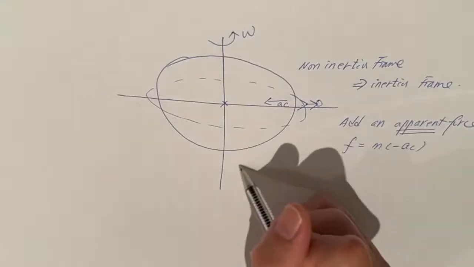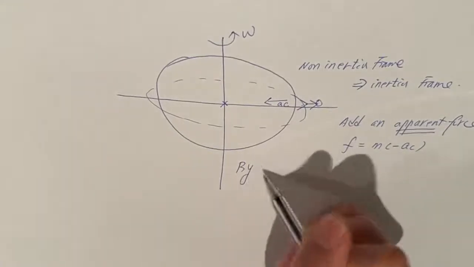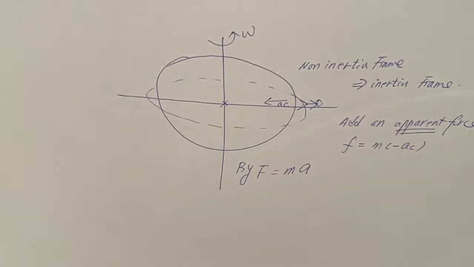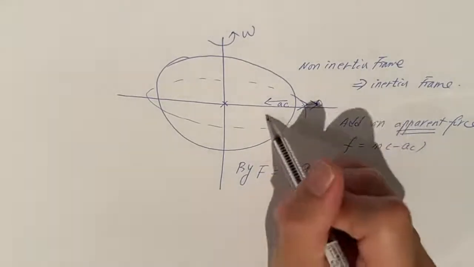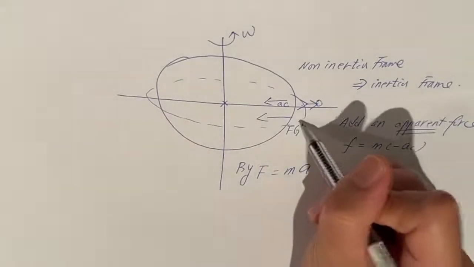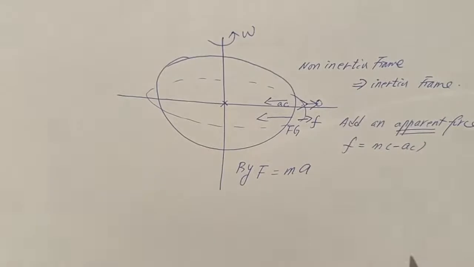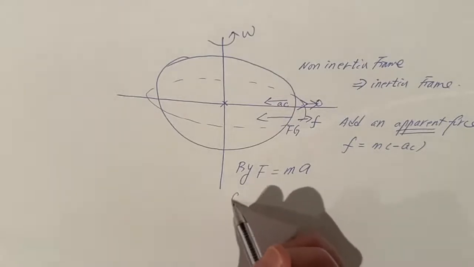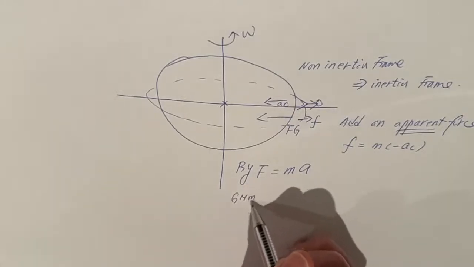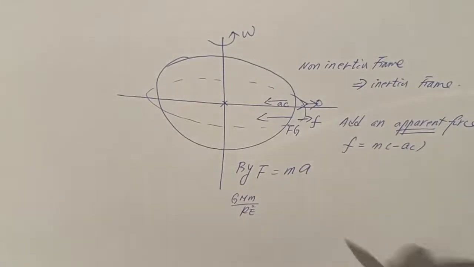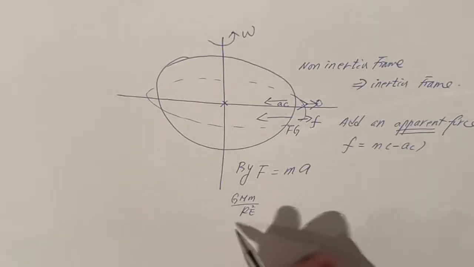So by F is equal to ma, now we have the gravitational force Fg and the apparent force, okay, acting radially outward. So the total force will be GMm over r Earth squared, Fg, right?